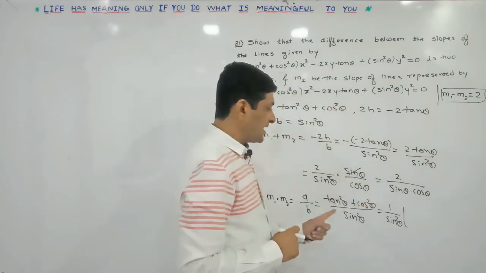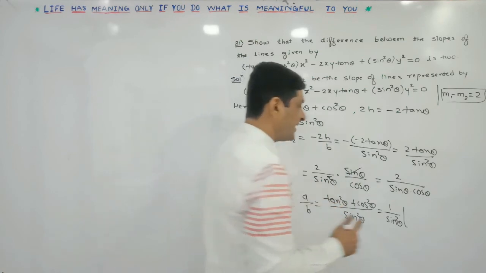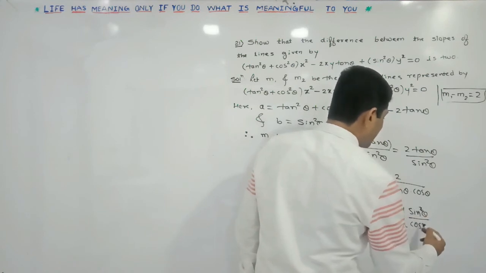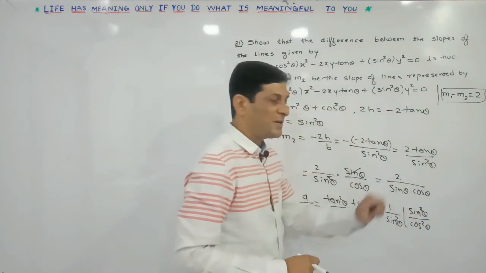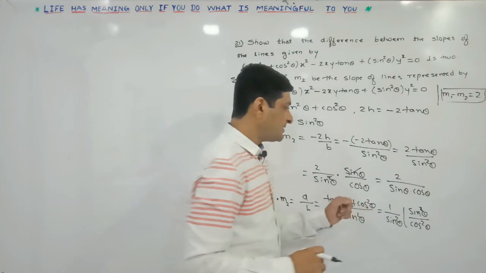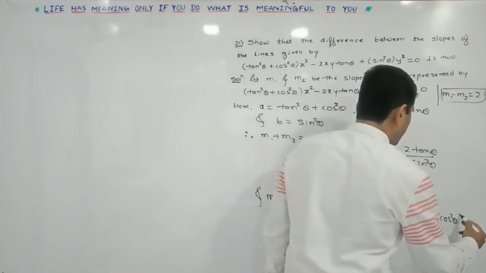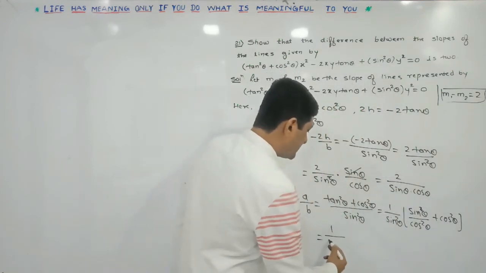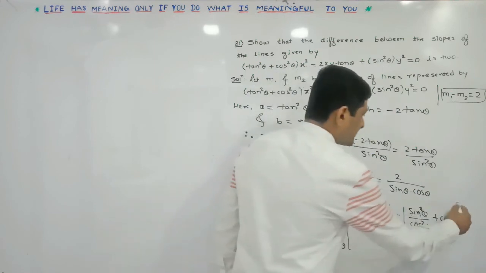Now write down the numerator. The first term is tan square. We know that tan can be written as sine upon cos, so tan square can be written as sine square upon cos square, plus cos square theta, keep it as it is. So this equals 1 upon sine square theta, and let us take the cross multiplication.